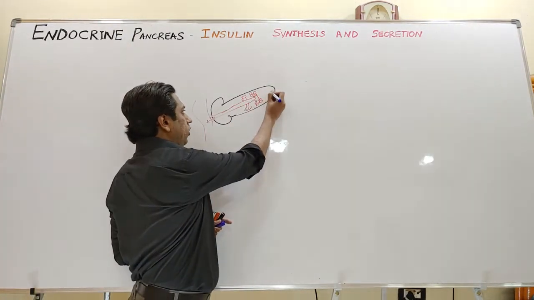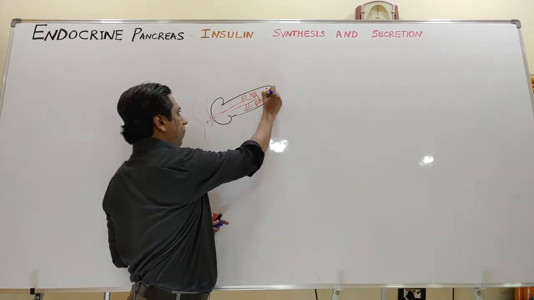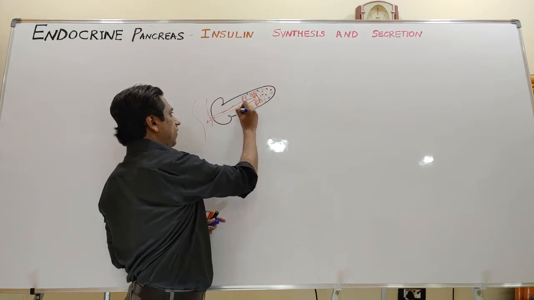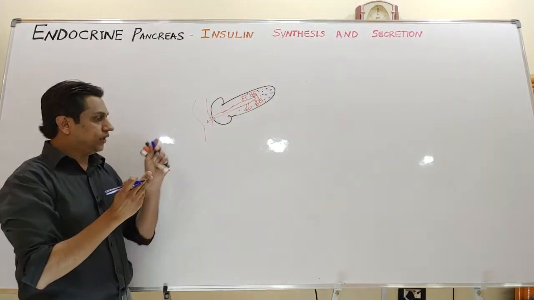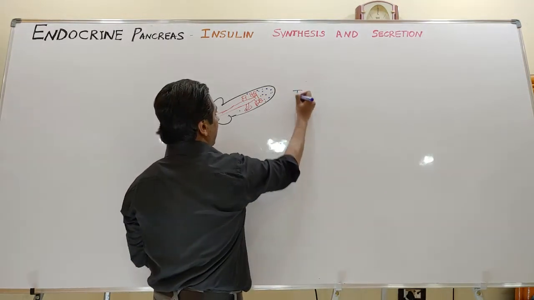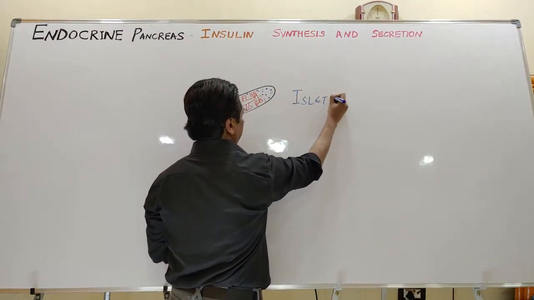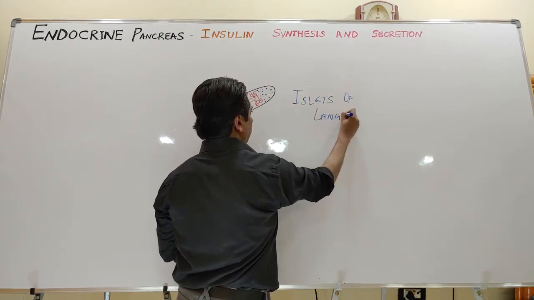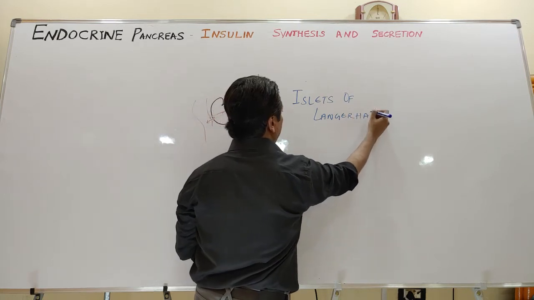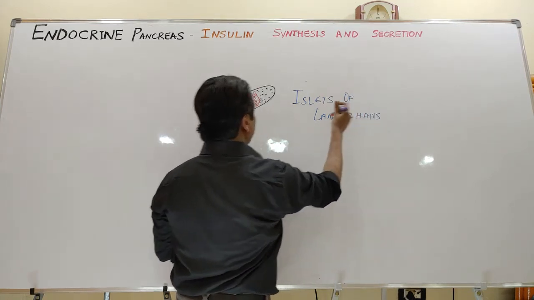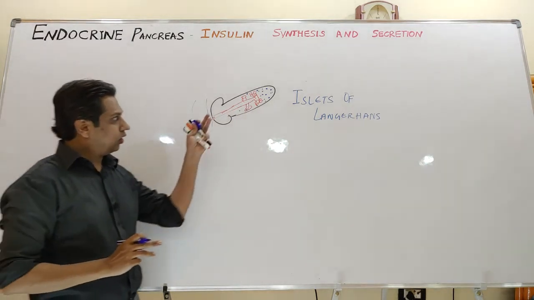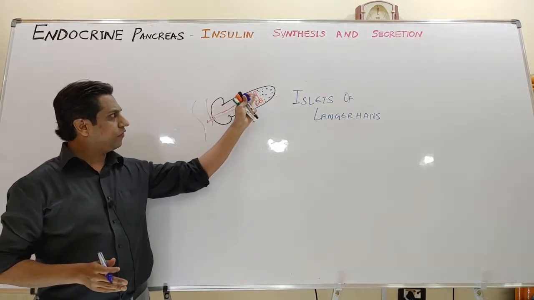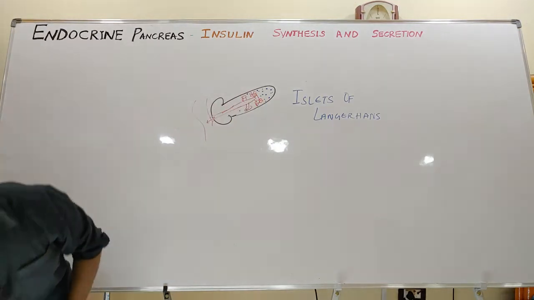Around 1 to 2 million such groups of cells are present in the pancreas of a human body, and they are termed the islets of Langerhans, named after the scientist Paul Langerhans, who discovered them in 1869. One million means around 10 lakh. They are present more in the tail region.